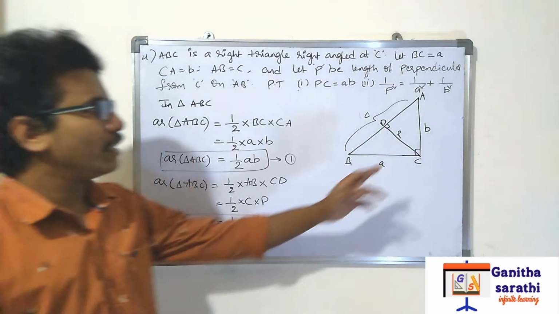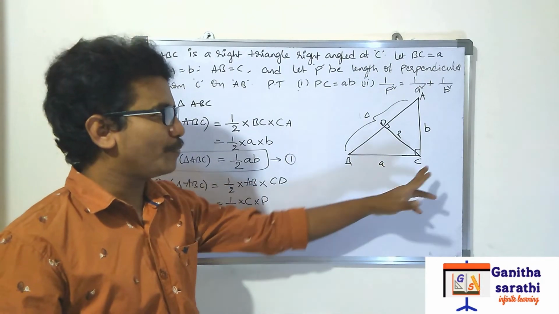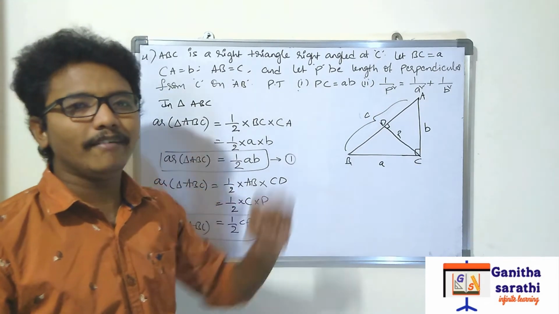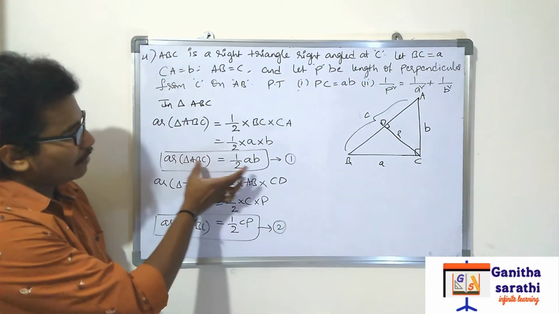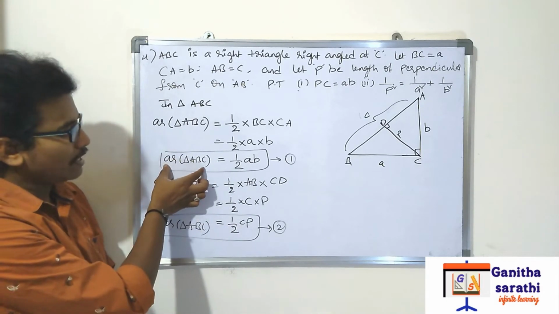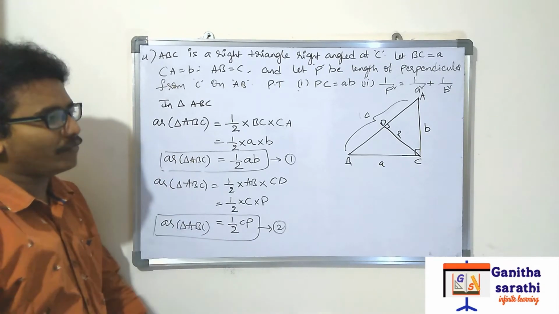Both are the same triangle, because in the area of triangle ABC we can take two bases. If BC is the base, CA is the height. If AB is the base, CD is the height. That's why we got two results. But we can equate equation 1 and equation 2, because both are the area of triangle ABC from the same figure.